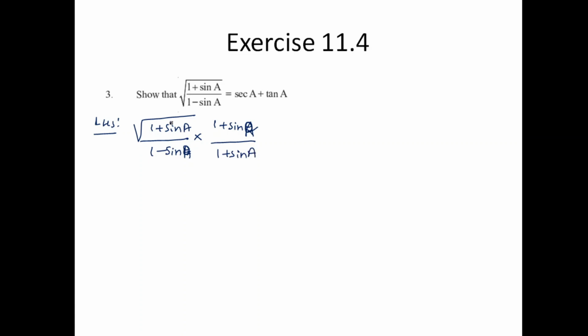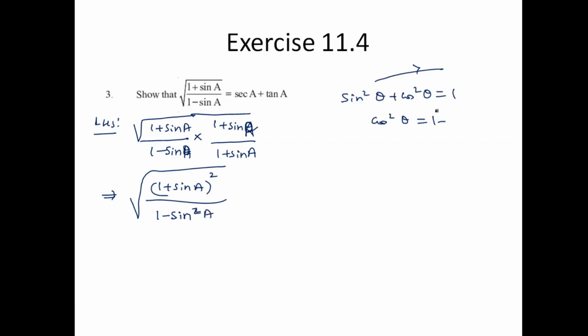Okay. So this is under your whole root. Now this is written as 1 plus sine A the whole square by 1 minus sine square A. Okay, so this is your 1 minus sine square theta.